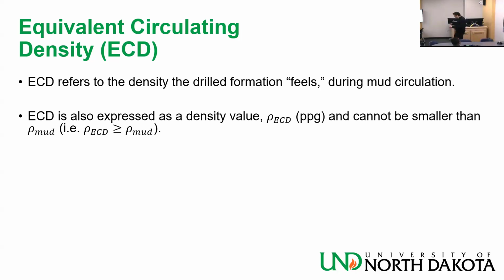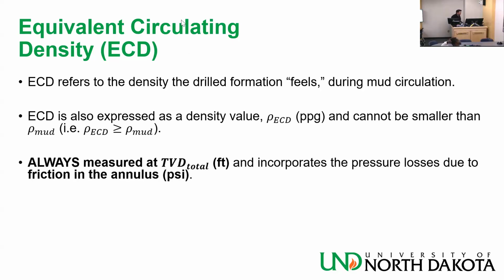And when the ECD is equal to the mud weight, it means that you are not pumping. Always, it is measured at TVD total, not all the time, and incorporates the pressure losses due to friction in the annulus. Like, for instance, when you are breaking gel, you can still calculate the ECD.